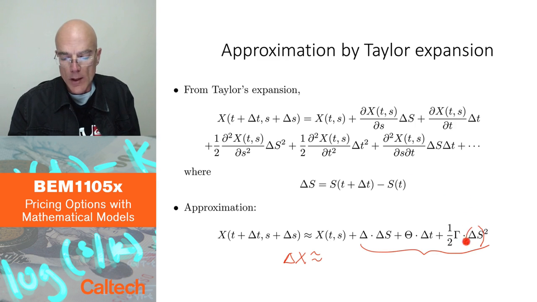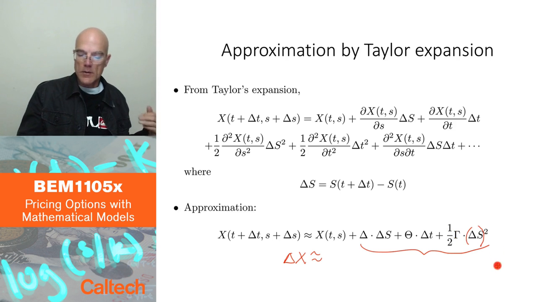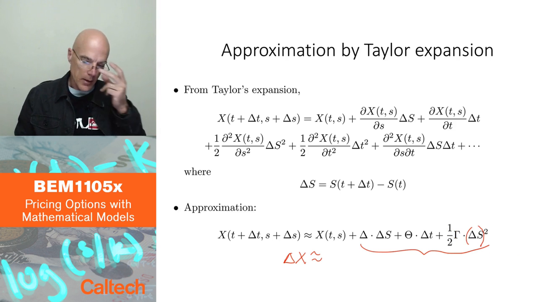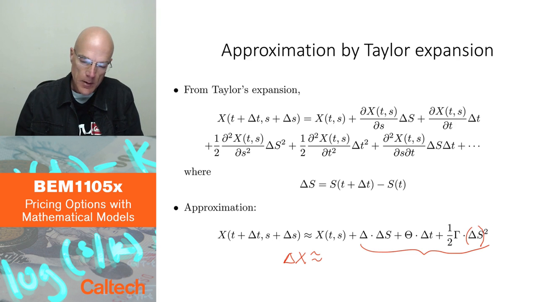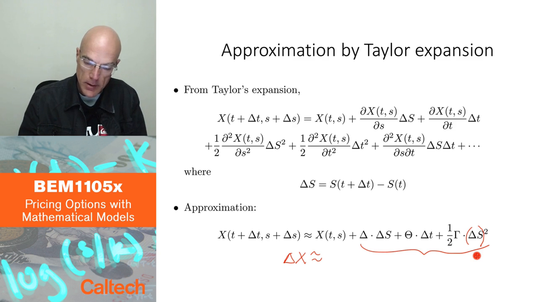Okay, why do we take the second derivative with respect to S, and not with respect to time? Well, we talked about that in terms of the mathematical notions of quadratic variation and so on. But economically, why do we have gamma here, the second derivative? Gamma is the first derivative of the first derivative. So gamma is really the derivative of delta, right?